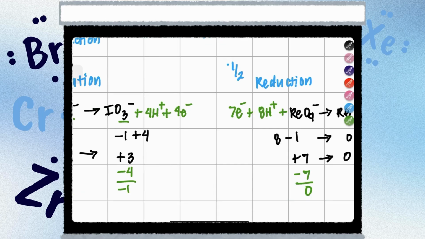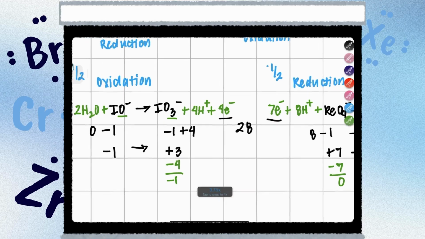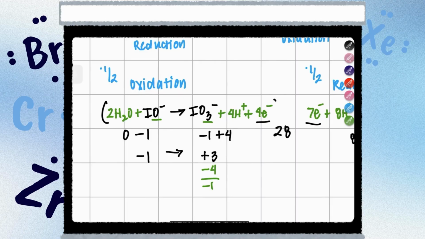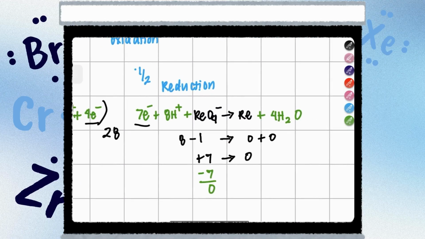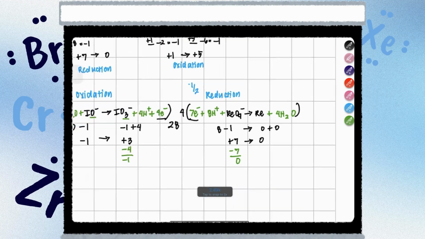Ngayon, we have to find a common multiple between 4 and 7, which is 28. So, you have to multiply the oxidation side by 7, while for the reduction, we have to multiply by 4.